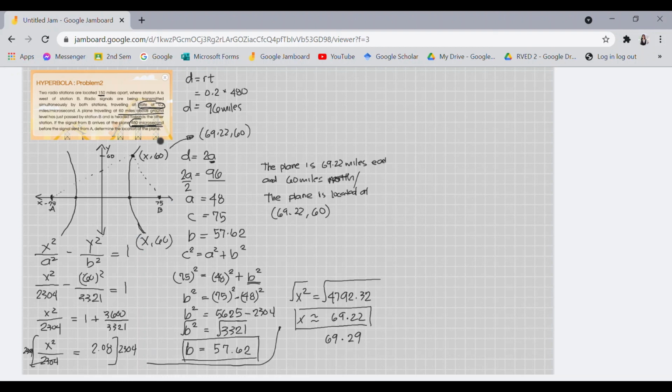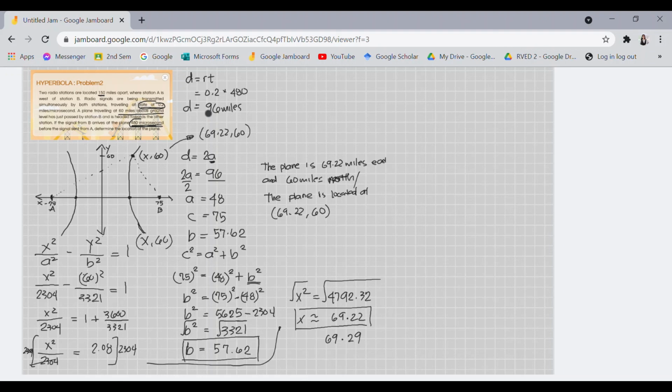So to compute the distance, we have rate times time. The given rate is 0.2 and then the time of arrival for those signals is 480 microseconds. So yun yung difference nung distance, nung time nila. So we have the distance which is equal to 96 miles. That is connecting to the characteristic of hyperbola, that is equal to 2a.